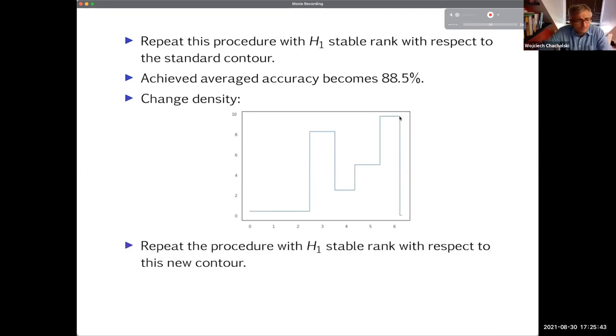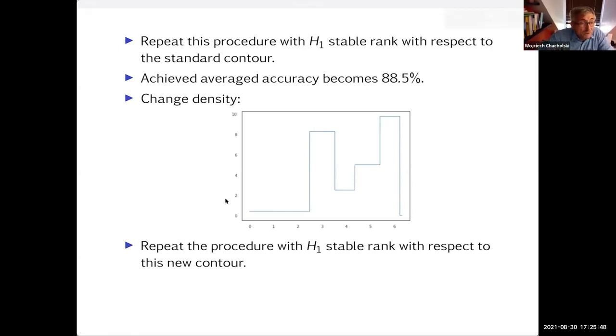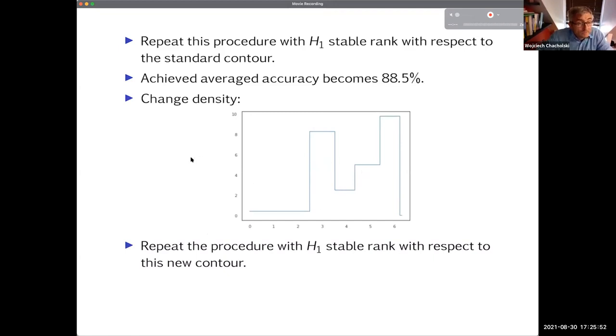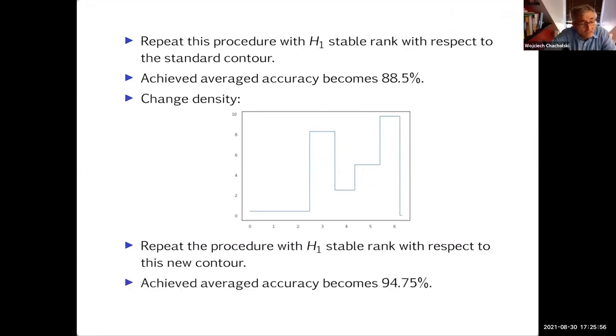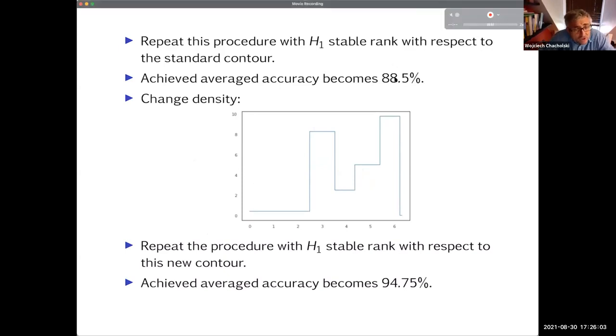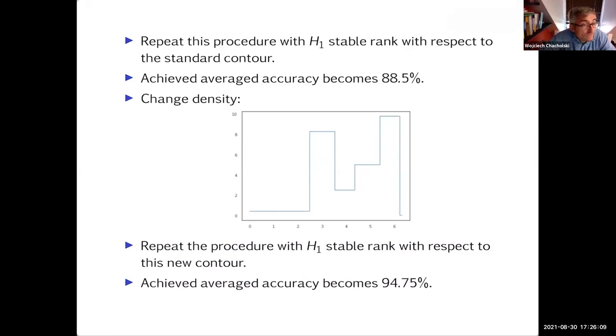We repeat this whole procedure with the H1 stable rank, however with this new contour, this new way of measuring parameterized vector spaces, and the achieved average accuracy becomes 95%. That's actually a considerable difference.